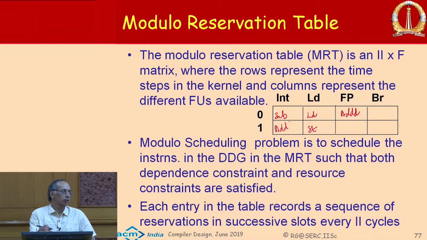If not, you go to the next time step, but that next time step is again time step 0. So, there is no point going beyond; you only need to try from t to t plus II minus 1, no point going beyond t plus II, because it is a modulo reservation table. So, this is essentially what we need to understand in terms of resource constraint.